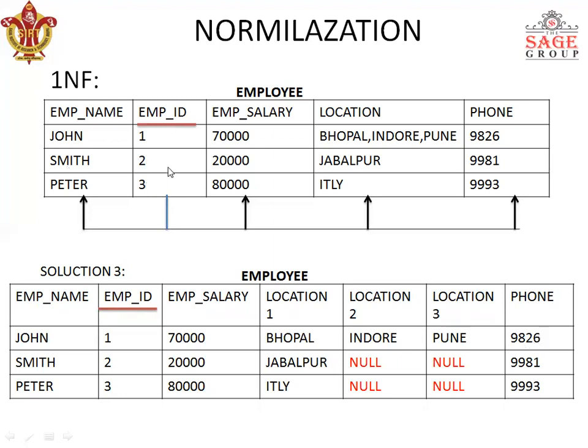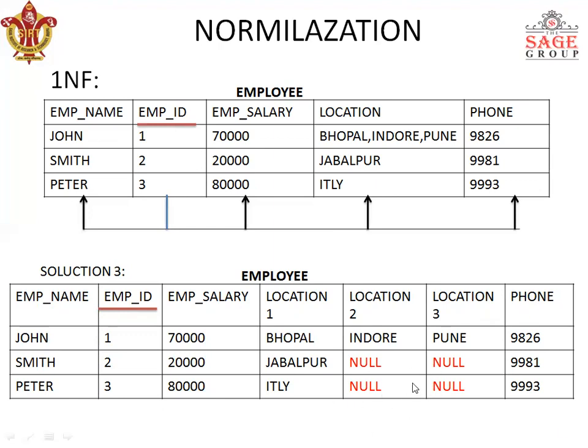But employee ID 2 and employee ID 3 have only a single location. That's why it is inserted into the location 1 column. By default, the other locations are not available. If there is any missing or unknown value, by default we put a null attribute.